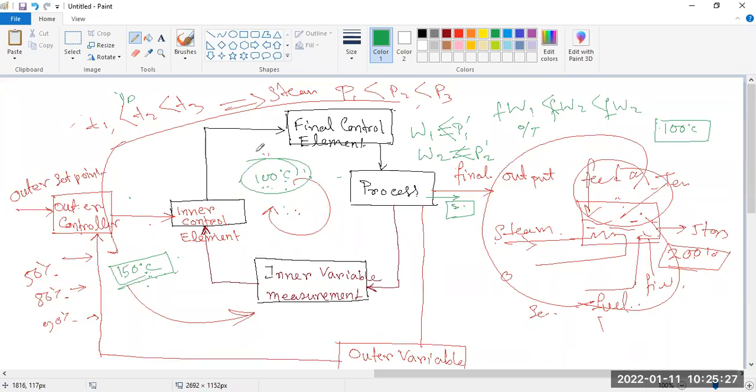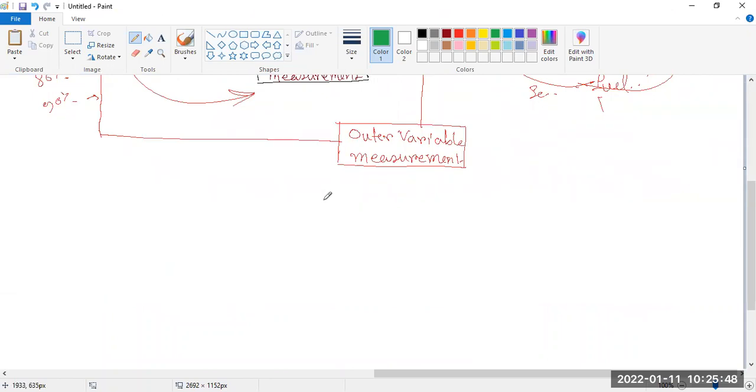So you have to maintain it as per your requirement, generating only that much. Otherwise it may be fatal, or cause loss. So here these two loops are working. This type of thing is called a cascade control loop. Guys, if you have any question, you may ask me. Otherwise I am going on to some specifications and features of these things.